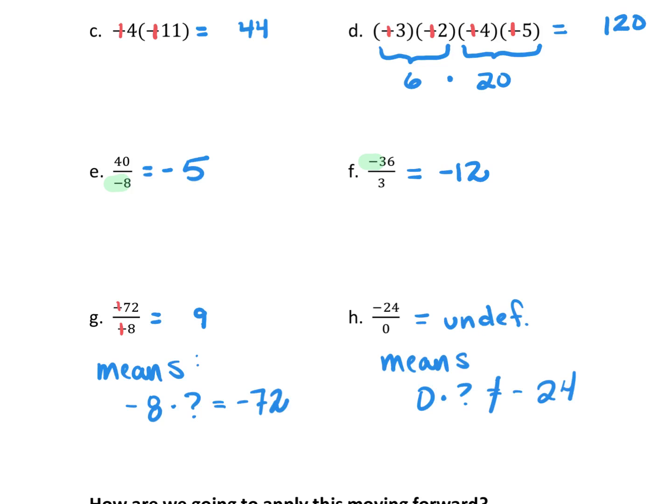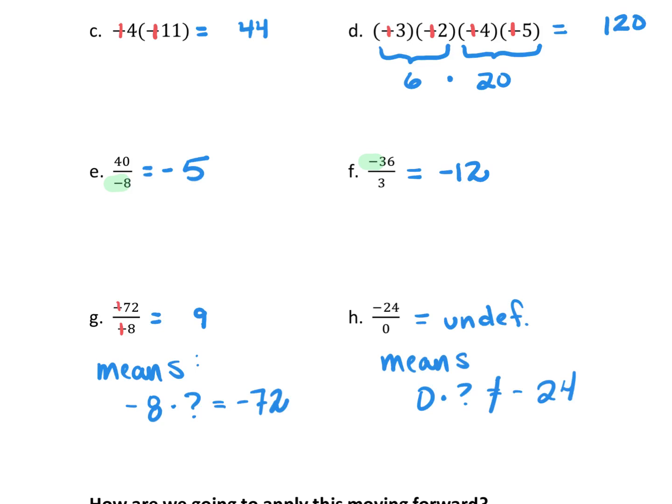And so that is why we call this one undefined. If you are not comfortable with these rules involving 0, then I do recommend using a calculator. One of them will give you an answer of 0, and the other one will give you an error message. The error message is telling you that the calculator cannot compute it because it cannot be done.